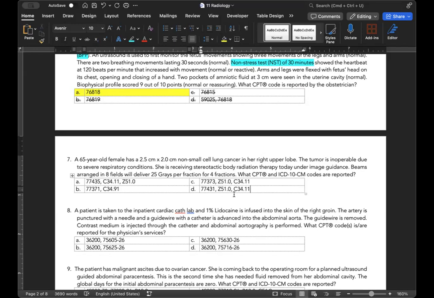So our Z51.0, I'm flipping real quick to get our code description here. Z51.0 is encounter for anti-neoplastic radiation therapy. So should the first listed diagnosis be the non-small cell lung cancer, or should it be the encounter for the anti-neoplastic radiation therapy?